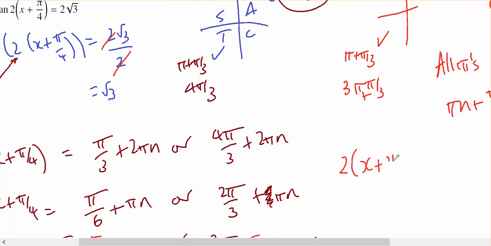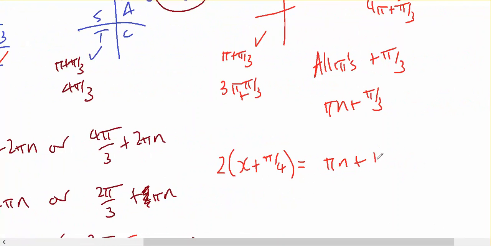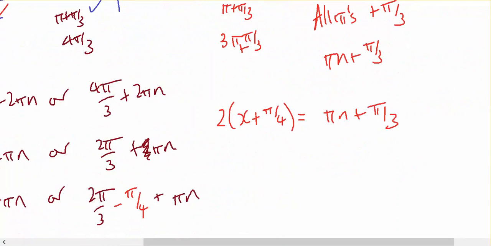So I've now got 2x plus pi on 4 equals pi n plus pi on 3, which is x plus pi on 4 equals pi n on 2 plus pi on 6.